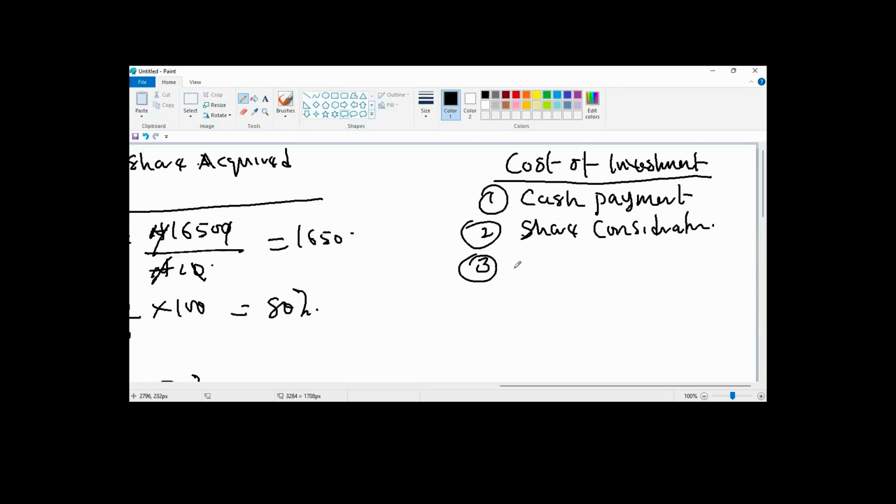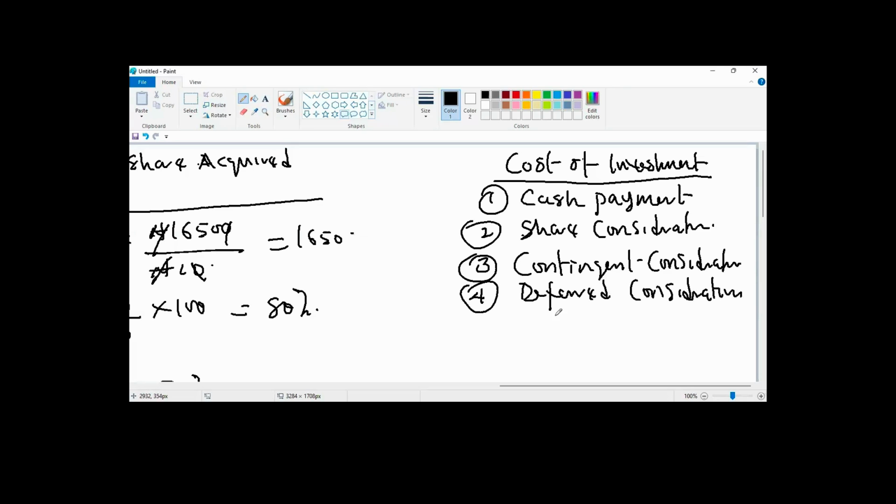Three, we can have contingent consideration. Four, we can have deferred consideration: I don't have money, I'll pay at a future date. Five, loan notes.